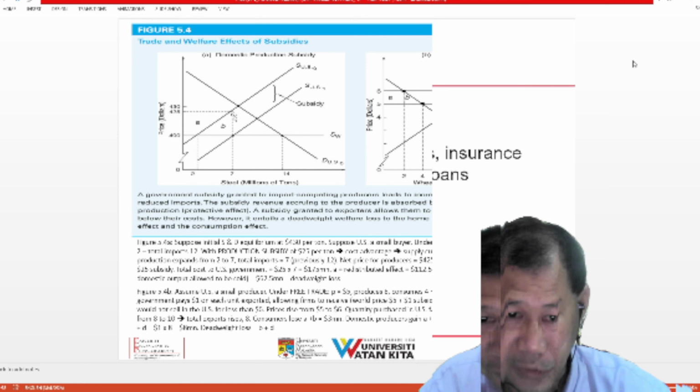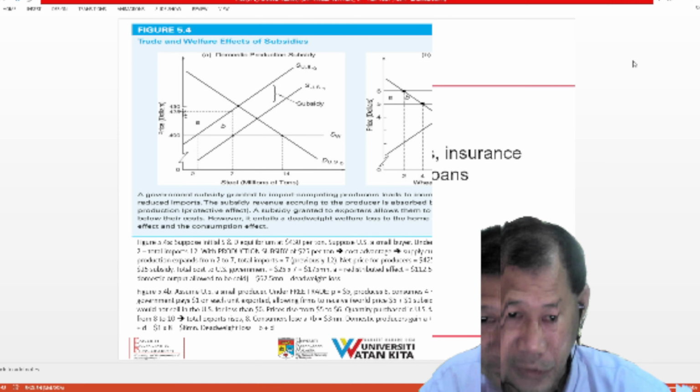This is the net price that the producer will get, 425, which is the price of 400 paid by consumers according to the world price, plus the $25 subsidy.